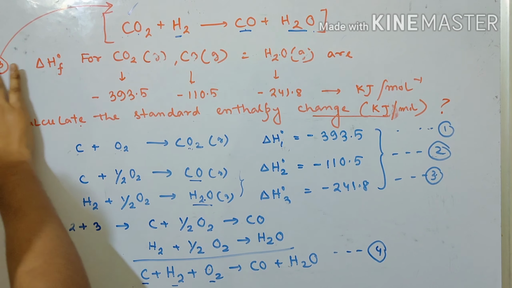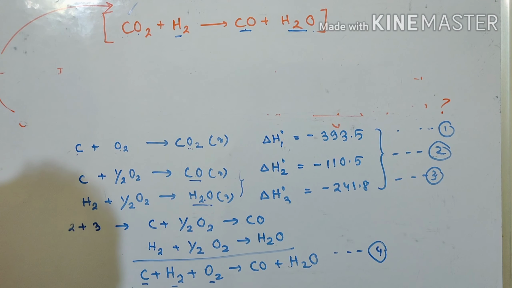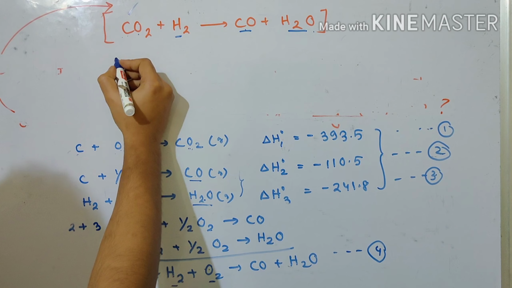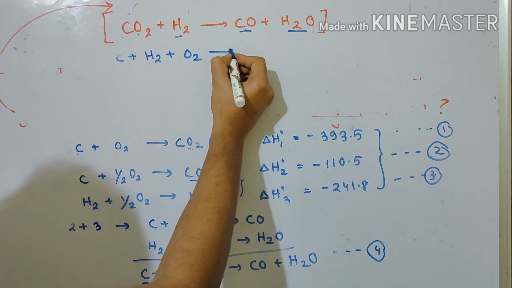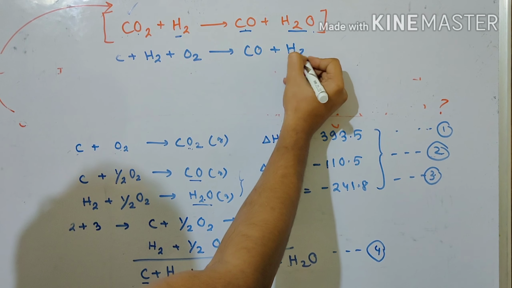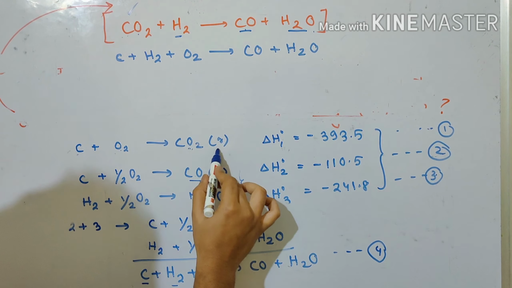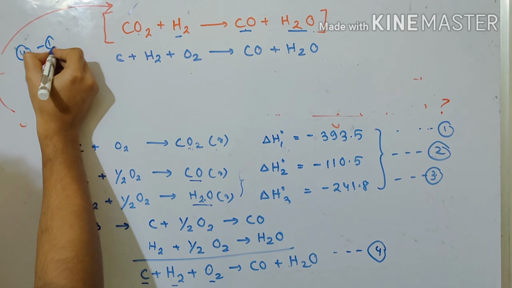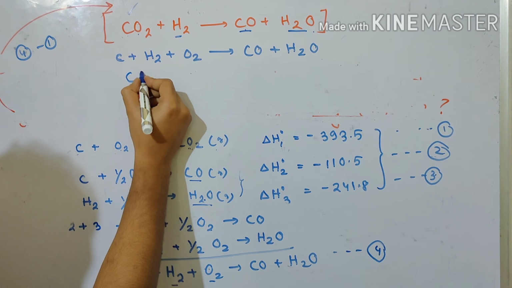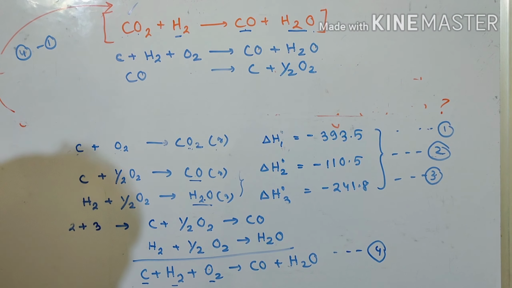So just for a moment, I'm erasing this part. I hope you can see the actual equation. What we can do is, I'm rewriting equation number 4, that is C plus H2 plus O2 giving rise to CO plus H2O. If I subtract this, so doing 4 minus 1, it becomes CO giving rise to carbon plus half oxygen.